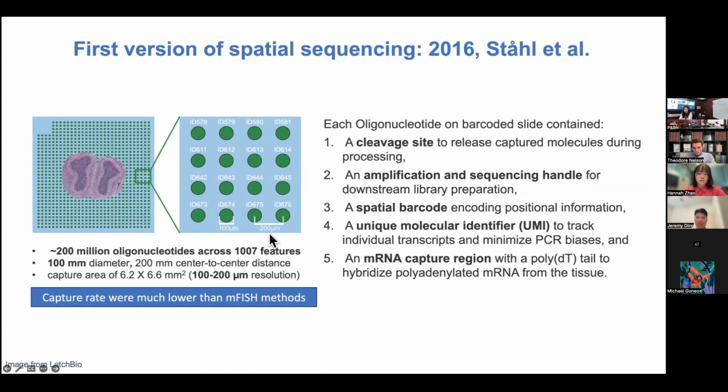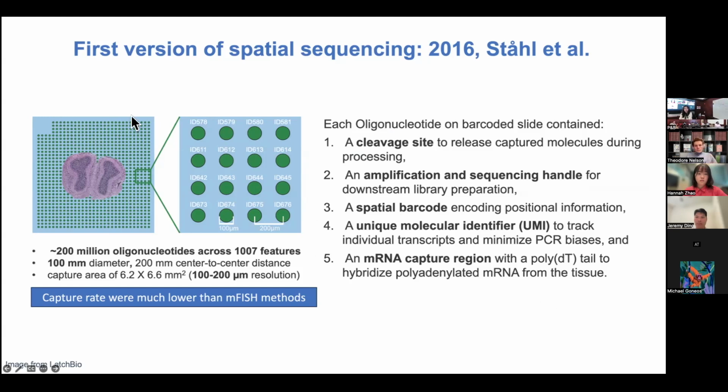And this was the very first concept where you were barely getting valid sequence, which was very similar to single cell back at the time. And you're getting 100 to 200 micron resolution across a very small amount of surface.